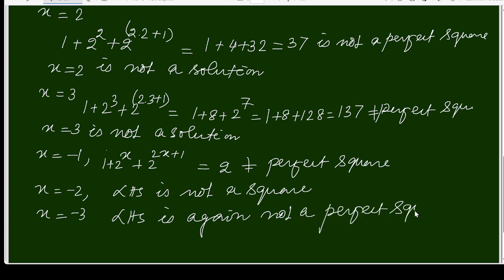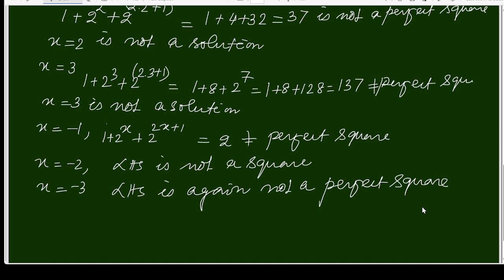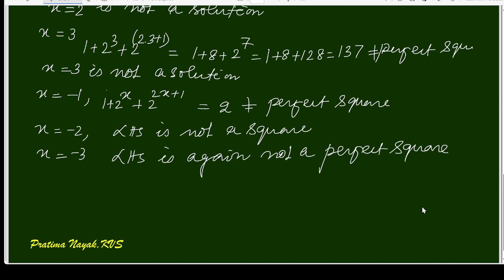Now, up to how many values will we go? We have gone from 1 to 3, and negative 1, negative 2, negative 3. So no need of going more because there is a logic.